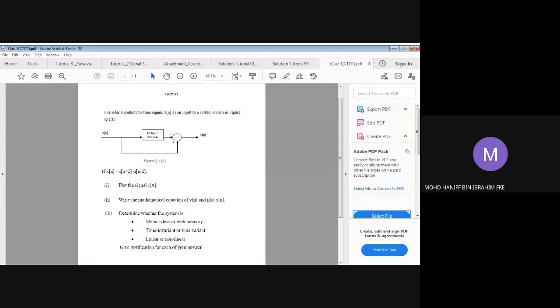We have part 1, 2, and 3 for this quiz 1. You can straight away answer the questions, and please submit your answer before 12:15. You are given plenty of time, more than 20 minutes, to solve this question number 1. Is that clear? You can proceed and try to answer quiz 1 straight away.